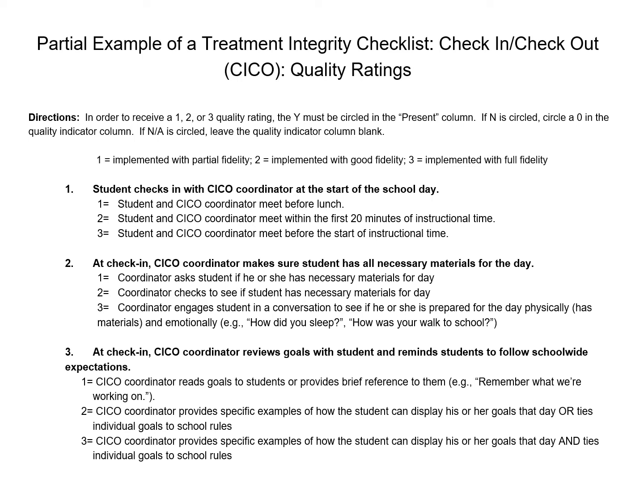So you can see for step number 1, student check-in, a 1 is scored if the coordinator meets with a student in the morning, a 2 means that the coordinator met with the student during the first 20 minutes of instructional time, and a 3 is high-quality implementation, in which the coordinator met with a student before the start of instructional time.